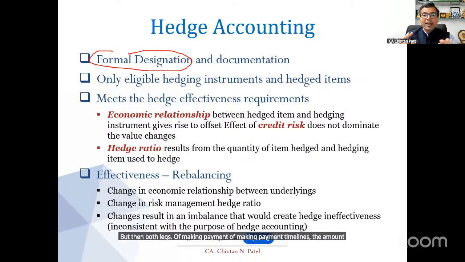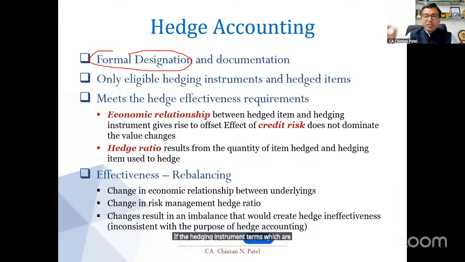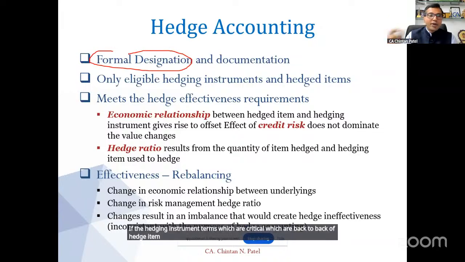Is it back to back or not? If the critical terms of the hedging instrument are back to back with the hedged item, then this may be effectiveness. But it needs to have a formal designation and documentation to have hedge accounting.